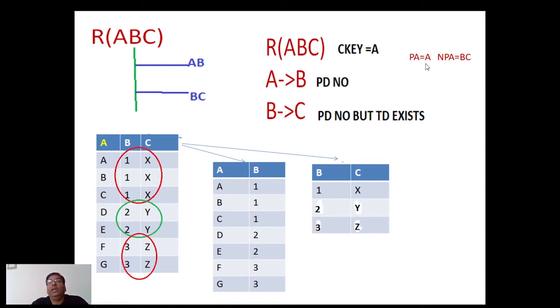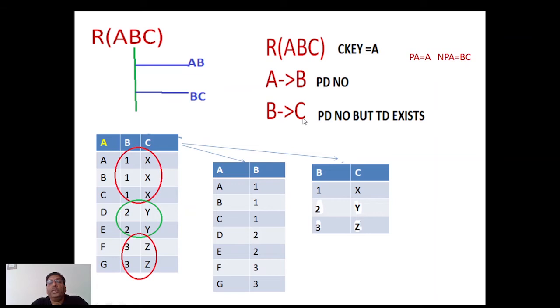B is dependent on A, a non-prime attribute dependent on a prime attribute. That is not an issue, and there is no partial dependency because A is a candidate key here.